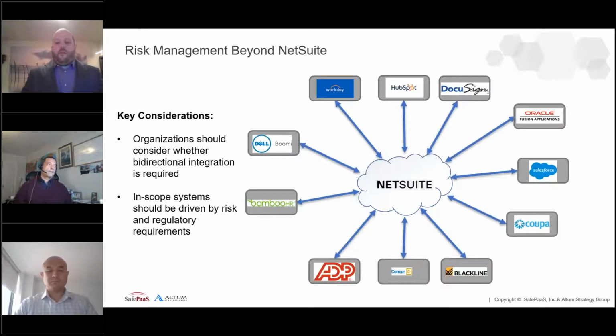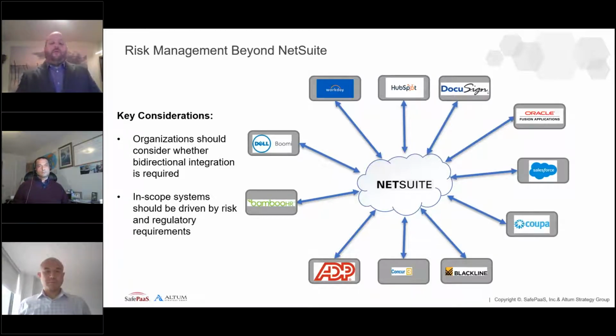I think you hit on a great point with picking out the top risk as it applies to your organization, and that really feeds well into the next slide here. We started to talk about risk management beyond NetSuite. Again, the NetSuite role and security model is fairly robust.